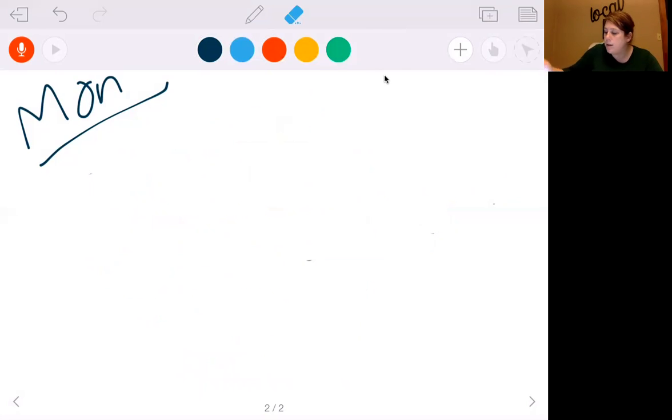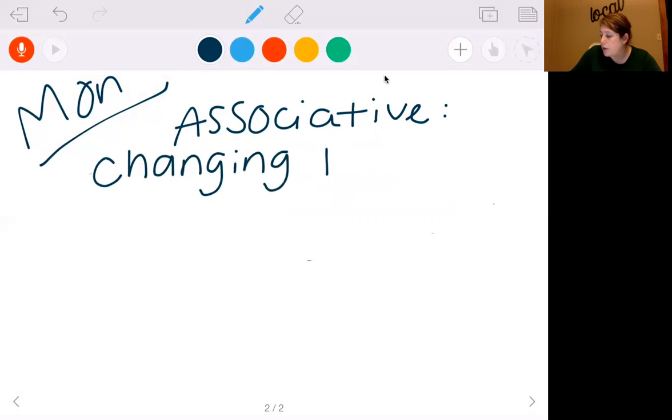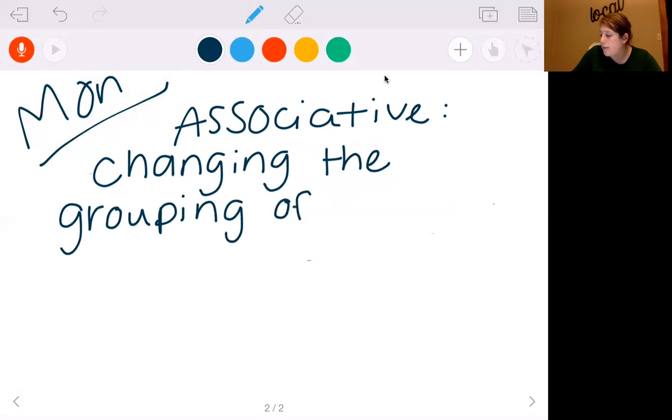Okay, the next one they give us is associative. This one is changing the grouping of the factors does not change the product.